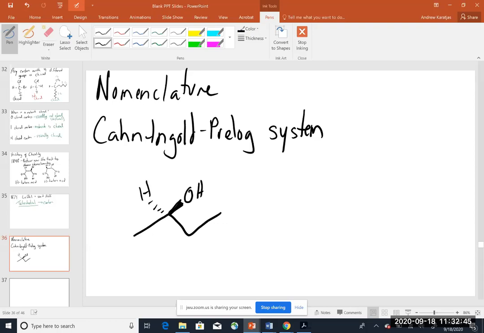And so we start with a molecule like this. So the way that this works is by doing the following.